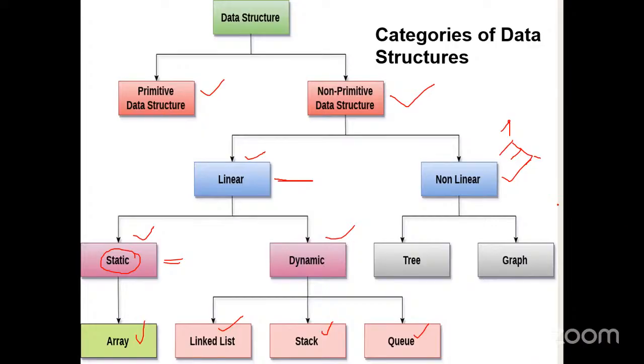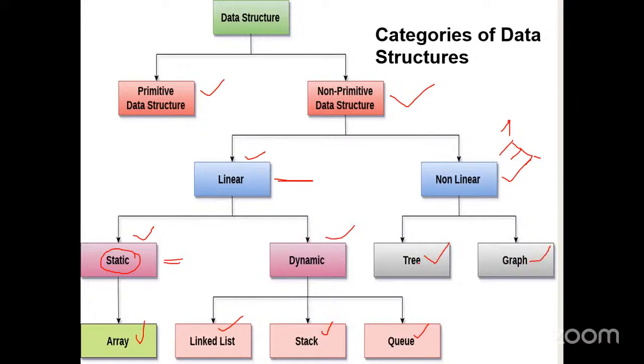Next, on the other hand, we have non-linear data structures where the data elements are not stored in the linear form. Generally, we form tree structure form, step by step. In that, we have two data structures, tree data structure and graph.